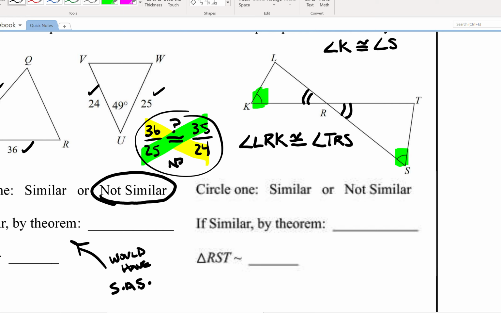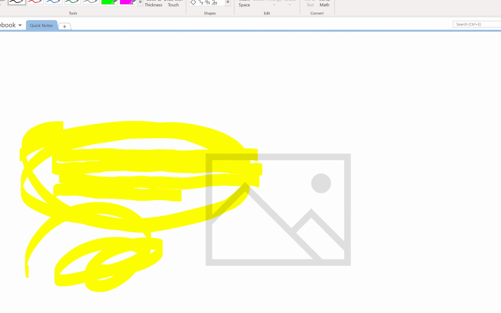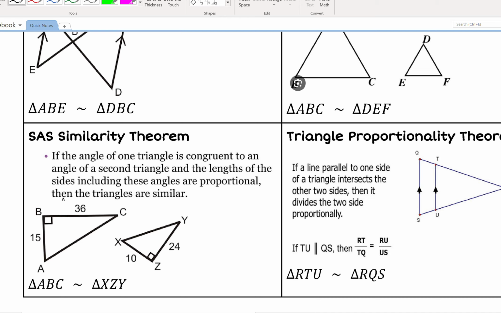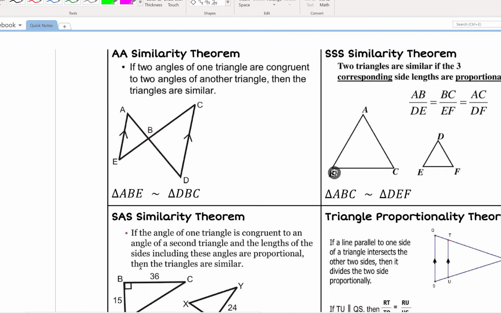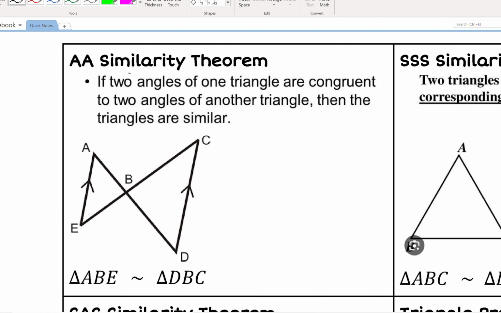So, yes, these are similar by, let's see here quick, the angle similarity theorem. It says if two angles of one triangle are congruent to two angles of another triangle, then the triangles are similar. So it says here that these sides are congruent.